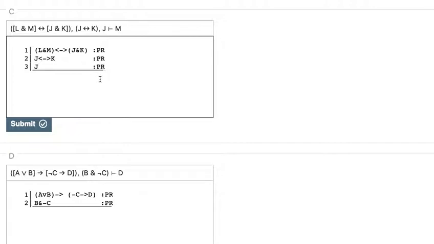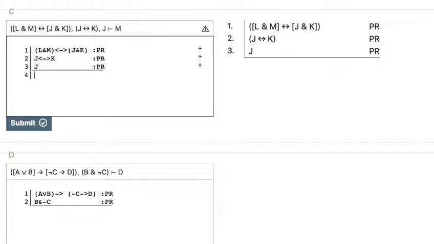Line 2, though, J biconditional K, we have J as another premise. And that means we can get K by biconditional elimination. We have the biconditional on line 2, and we have one side of the biconditional on 3.